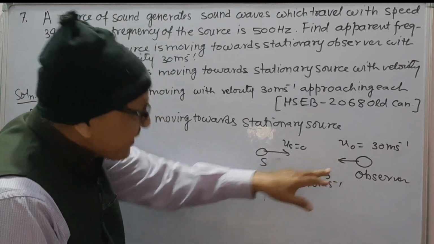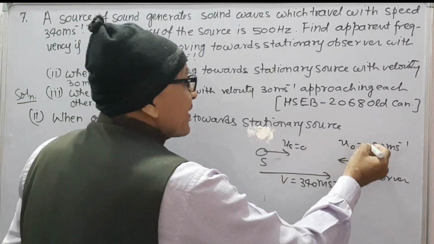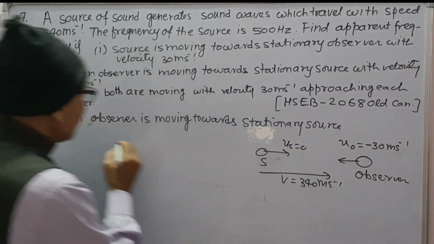Because its direction is opposite to the direction of velocity, therefore it will be negative.